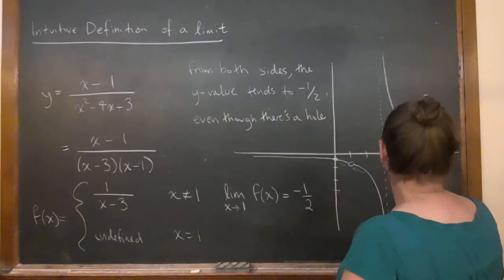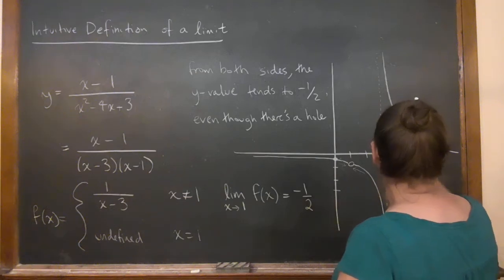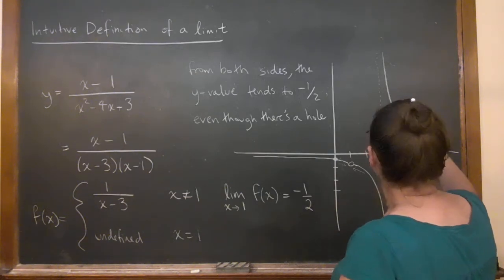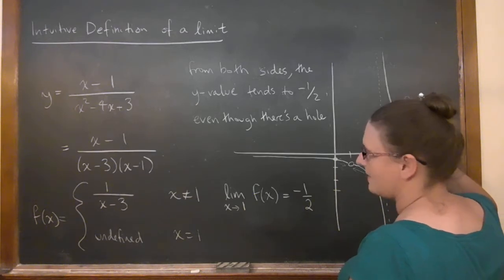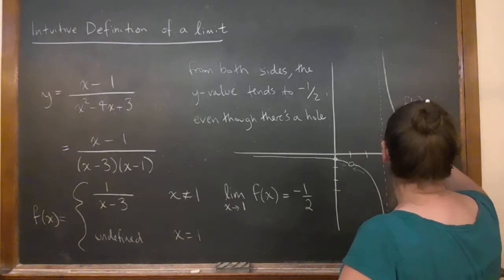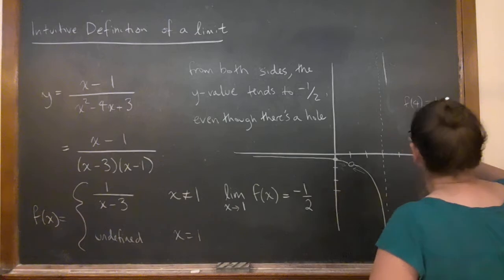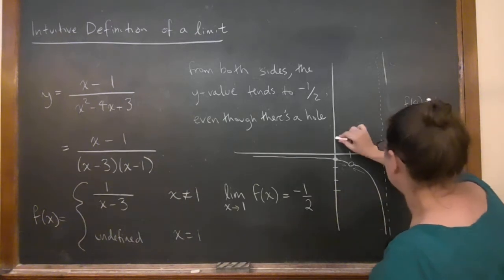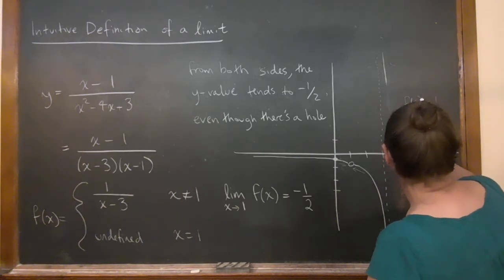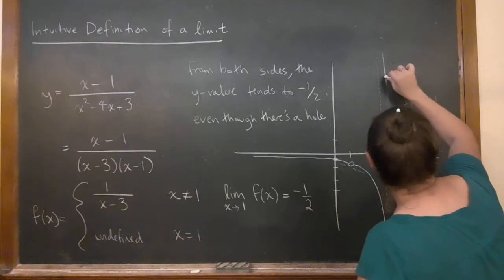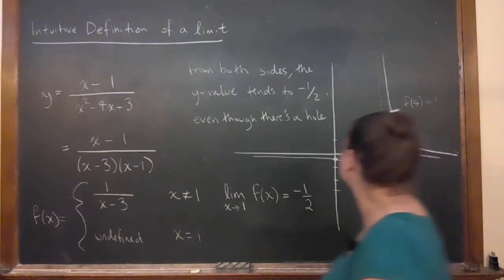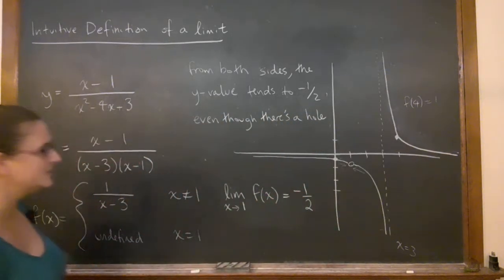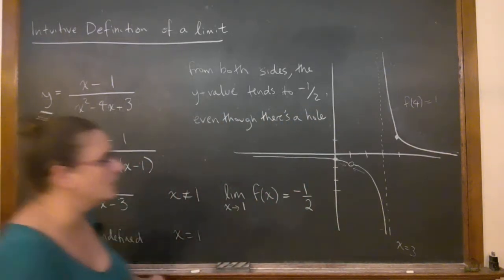So for example, at 4, what's this point? F of 4, obviously I didn't draw that well because f of 4 is 1. So let me make it go down steeper because 1 would be right here. I just didn't draw it going down steep enough. All right, so I can do the same thing over here.